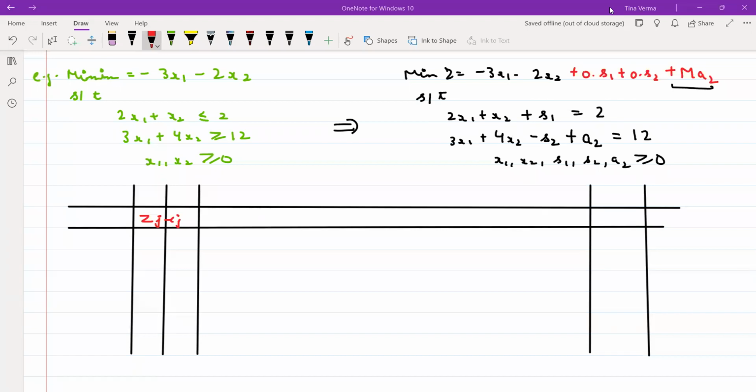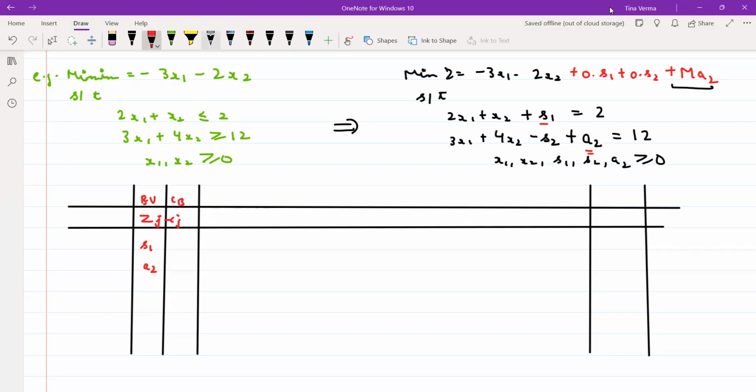So here you will start with the solution. What will be your basic variable and CB? From the first constraint, I have added a slack variable. Slack variable will always come in your basis in the first table. In the second, you have taken A2. In some books, they don't write CB. That is your wish, because it does not have any significance.